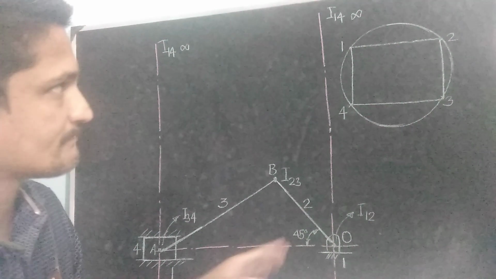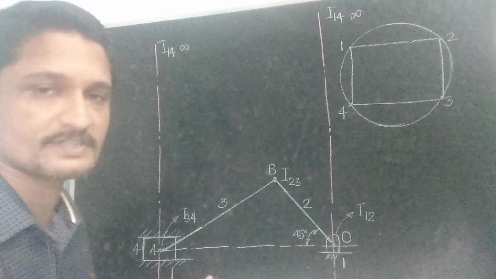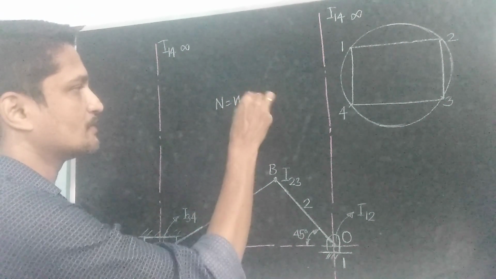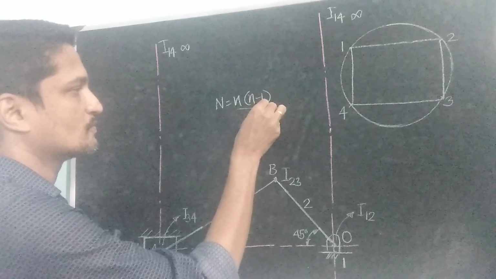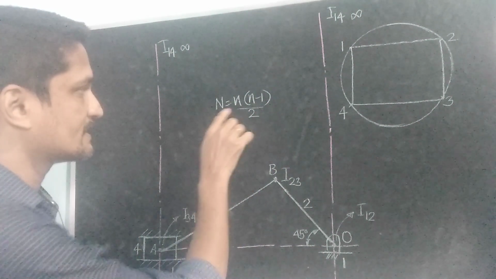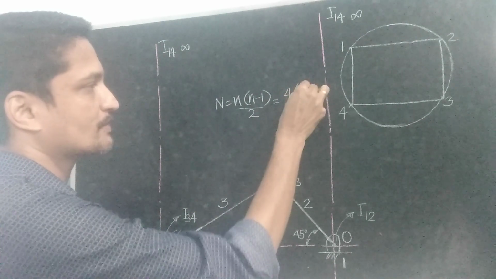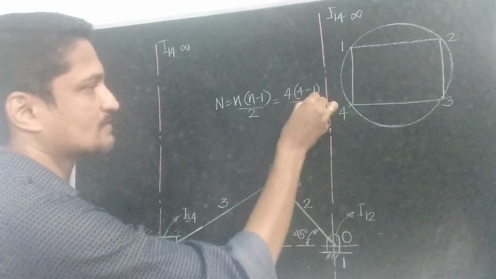Next, we have to find two more instantaneous centers. The number of instantaneous centers is equal to n into n minus 1 by 2, where n is the number of links, 4. Then 4 into 4 minus 1 by 2 is equal to 6.